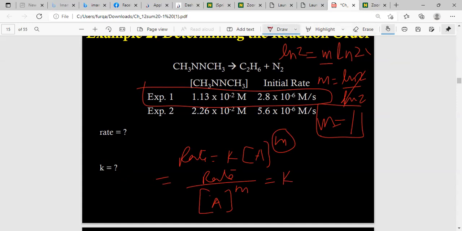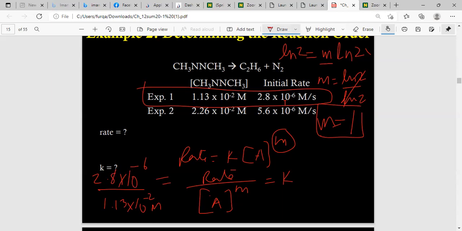The concentration is 1.13 times 10 to the power minus 2 molar, and it remains like this because the value of m is 1. On top comes the rate, which is 2.8 times 10 to the power minus 6.